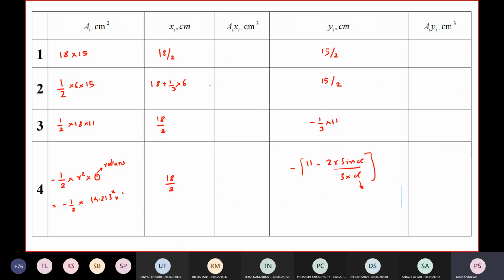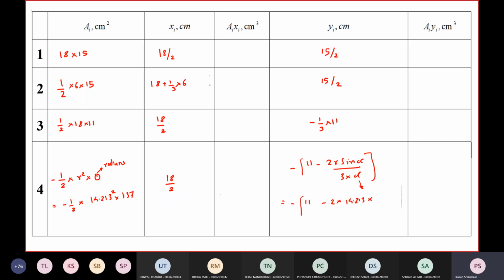So this comes out to be 1.37, and this is minus of 11 minus 2 into r, which is 14.213, into sine alpha.